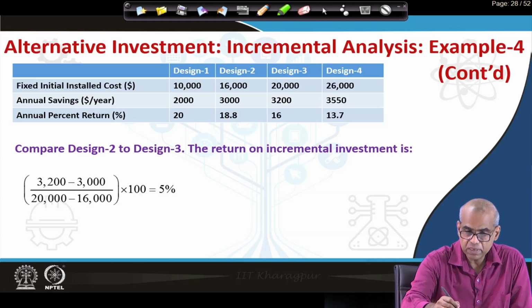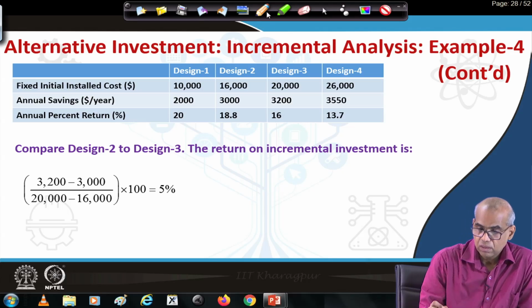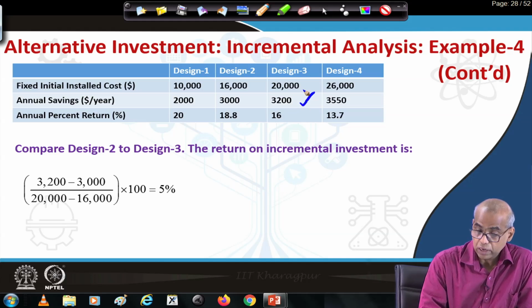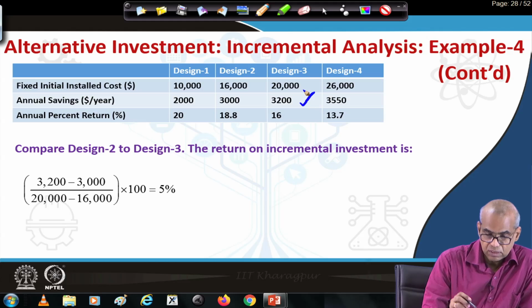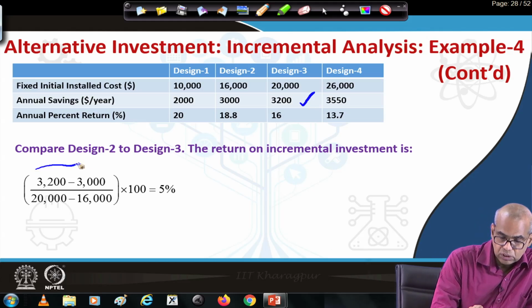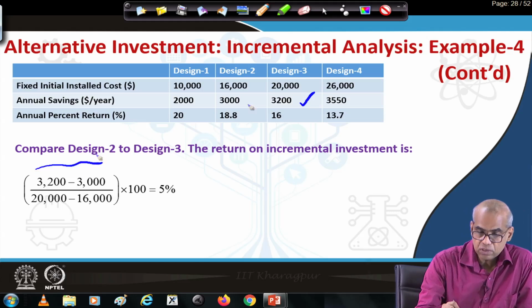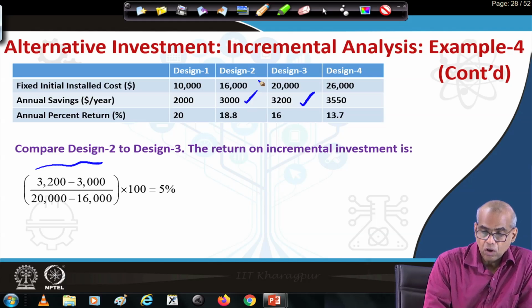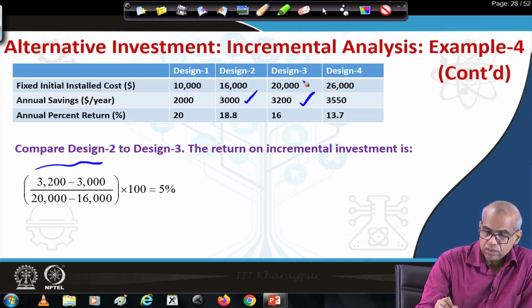In case of design 3, we are receiving annual savings of 3,200. So, 3,200 minus 3,000, which is the annual savings of design 2, and the investment for design 3 is 20,000 compared to 16,000 for design 2.